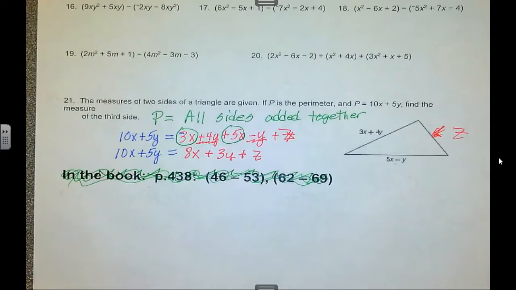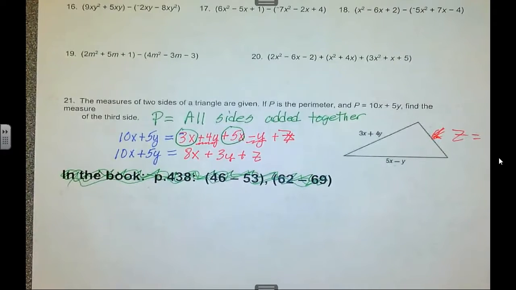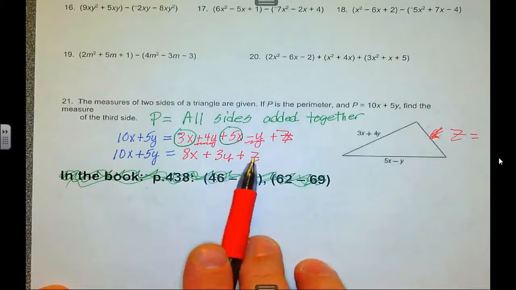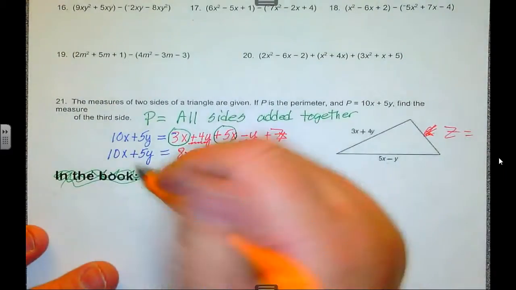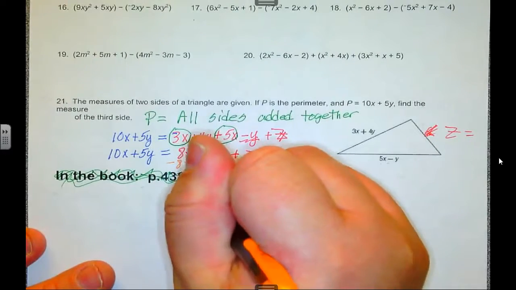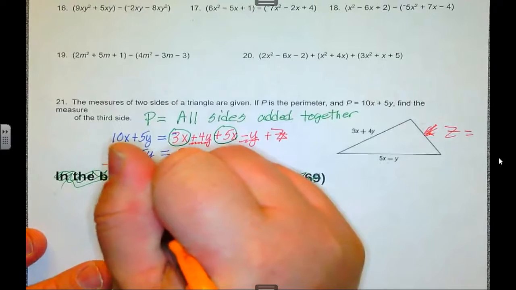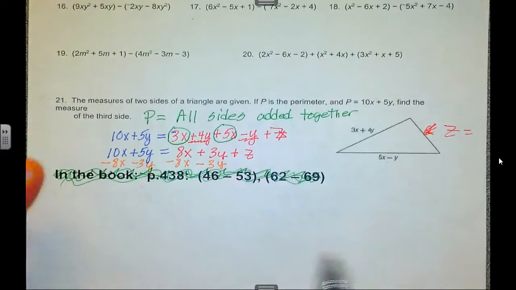Now, you could do this mentally. I'm looking for what z equals. Or you can do it algebraically. Subtract 8x, subtract 3y from both sides. That'll give me z.